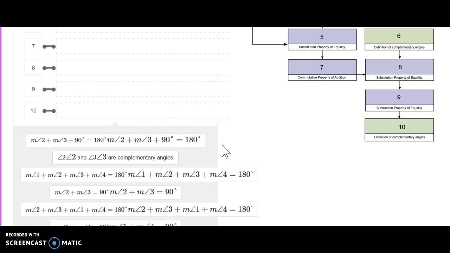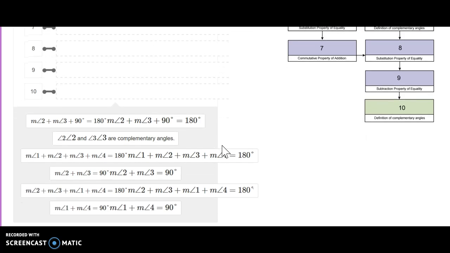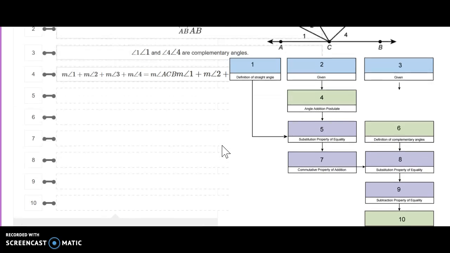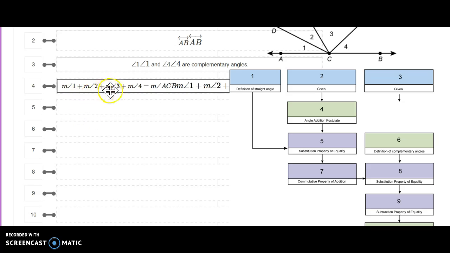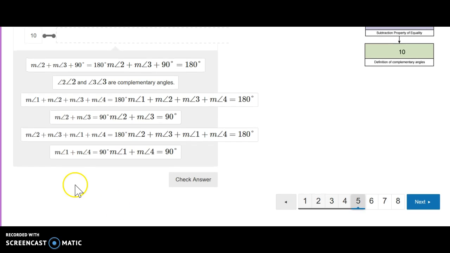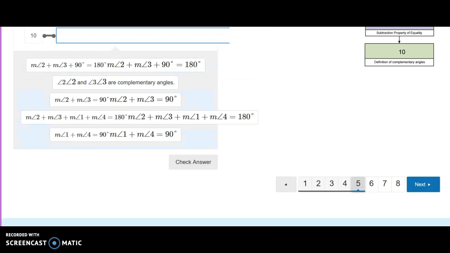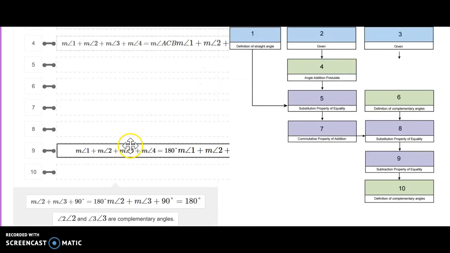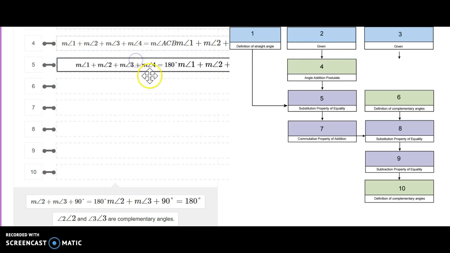So that becomes angle 1 plus 2 plus 3 plus 4 equals, where's that order? Angle 1 plus 2, there it is, plus 3 plus 4. The measures equal 180. So let's move that up there slowly. All right, slowly but surely.